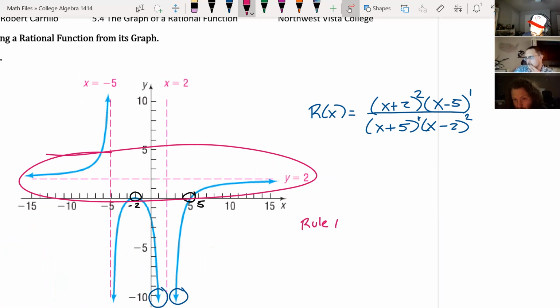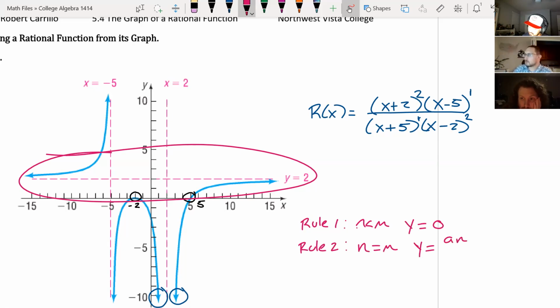Remember that rule 1 states that the numerator's degree has to be smaller than the denominator, and you'd get a horizontal asymptote of y equals 0. Cassie answered rule 2. Rule 2, good. Rule 2 states that the degree of the numerator is equal to the degree of the denominator, and you'd get the leading coefficients over one another.